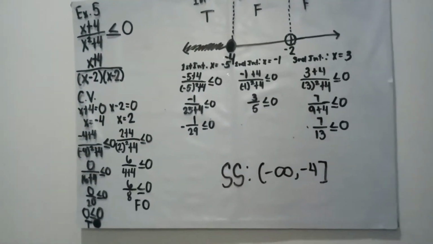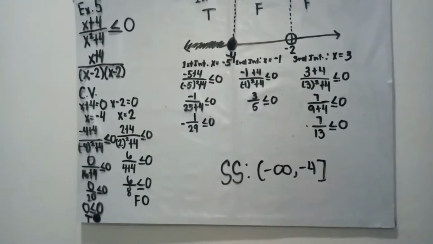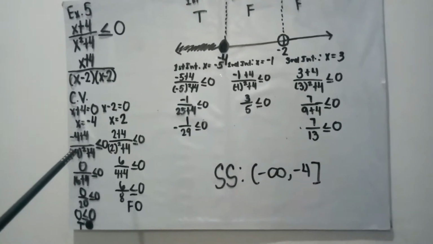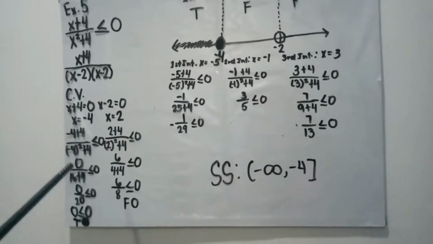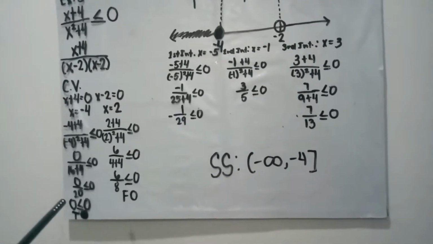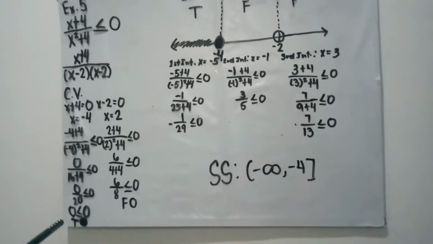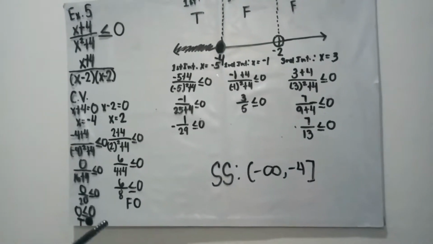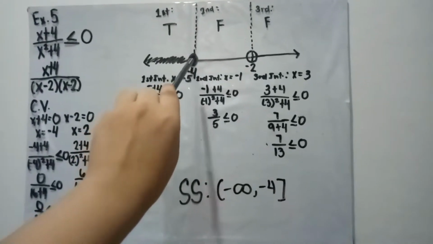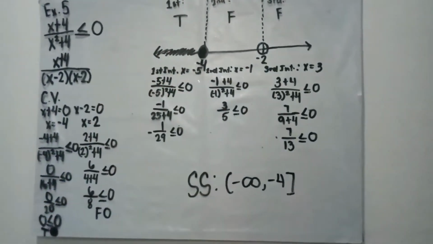Then, substitute lang natin yan doon sa equation natin. So, negative 4 plus 4 is 0, negative 4 squared is equals to 16, plus 4 is 20. So, 0 over 20 is equals to 0. So, 0 is less than or equals to 0. True. So, yung critical values dyan, the circle is naka-close.